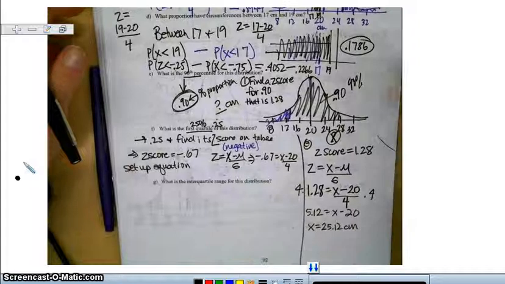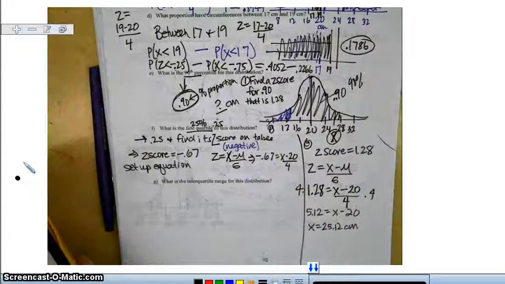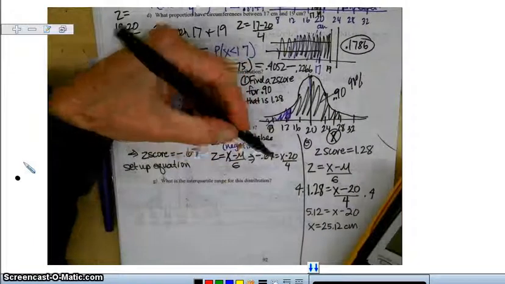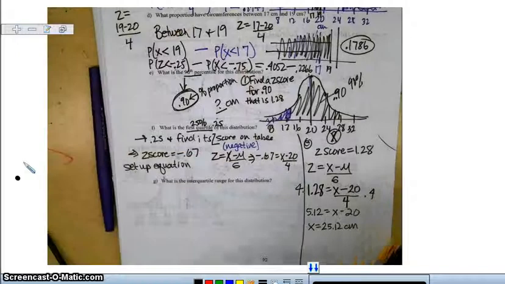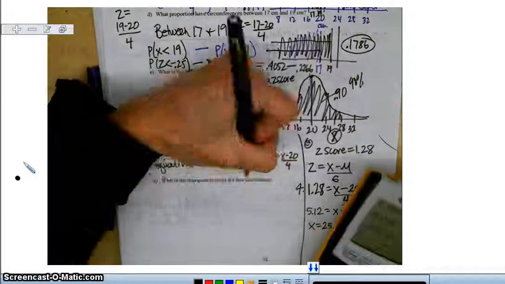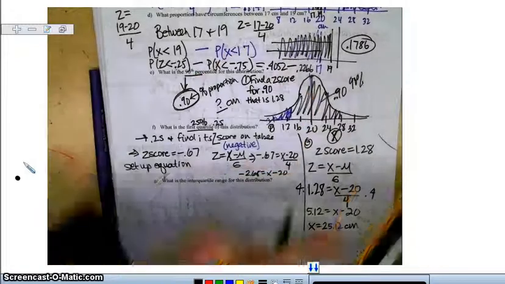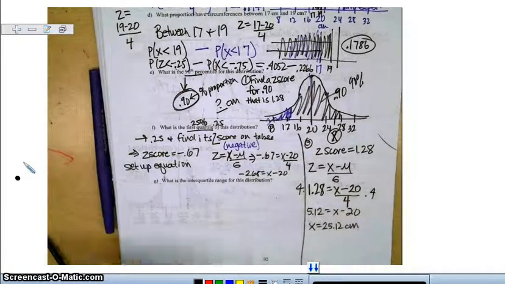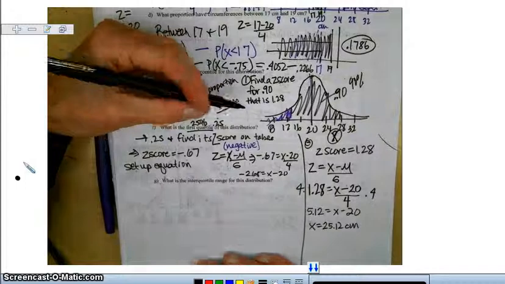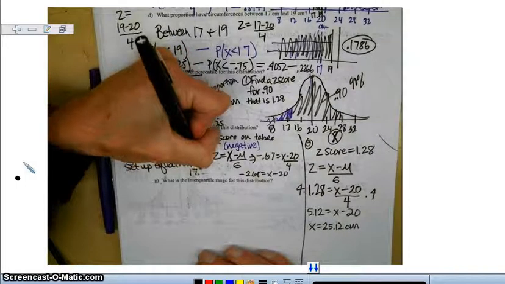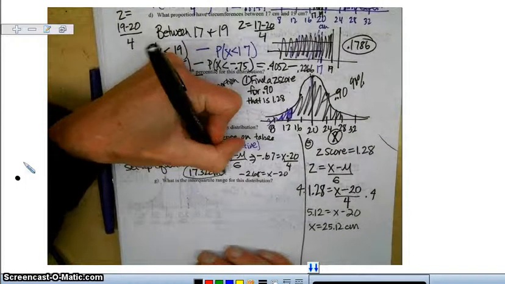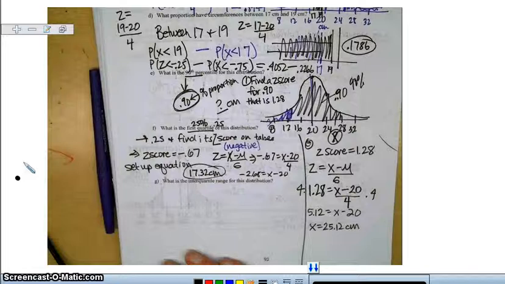Once they give you the mean and standard deviation at the beginning, that's what we're using for the whole thing. To solve this, I multiply negative 0.67 times 4, and that gives me negative 2.68 equals x minus 20. Then I add 20 to that, and that means an orange circumference of 17.32 centimeters is at the 25th percentile.